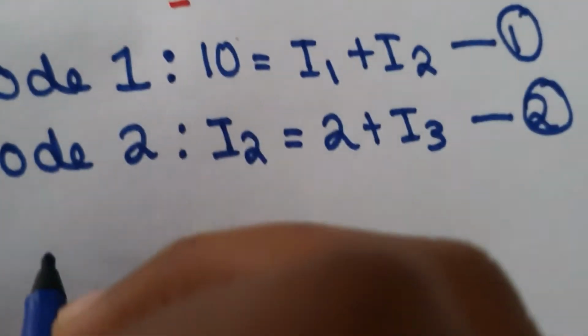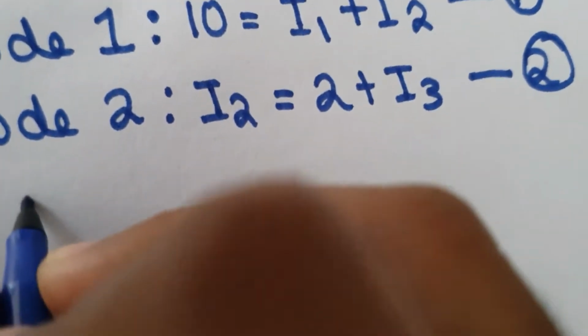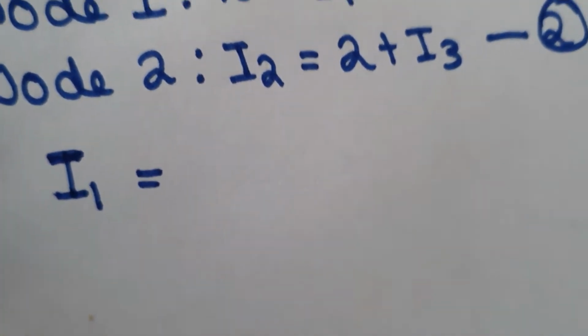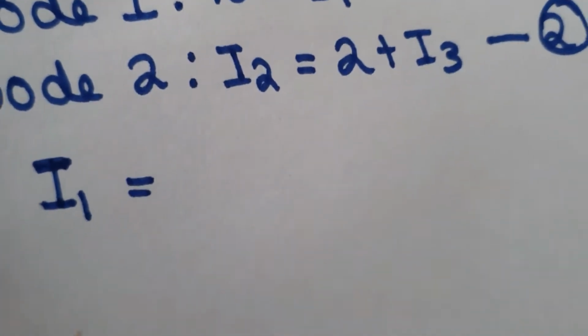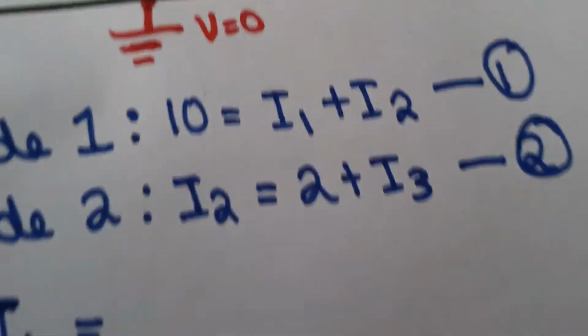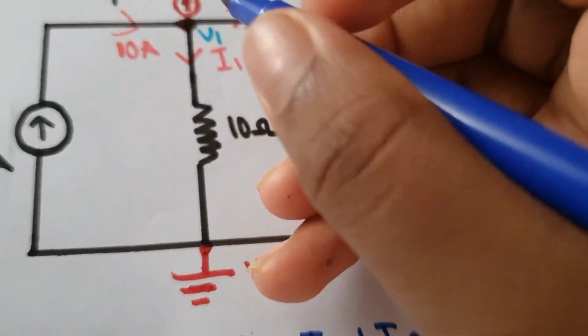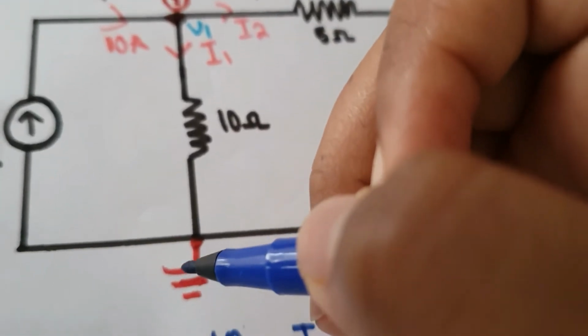First let's find I1. We know that I equals V by R. If you see, I1 is in this branch, here it is V1 and here it's 0.